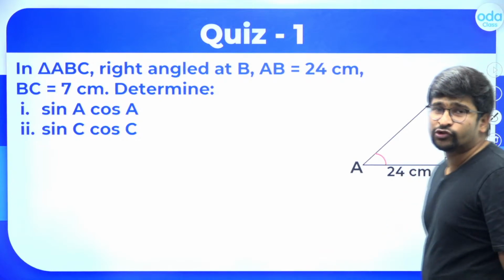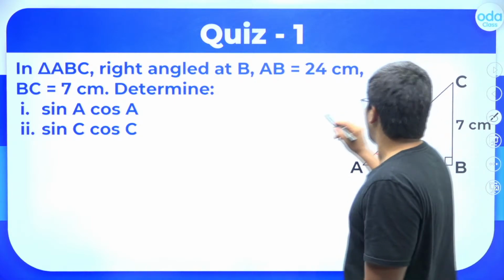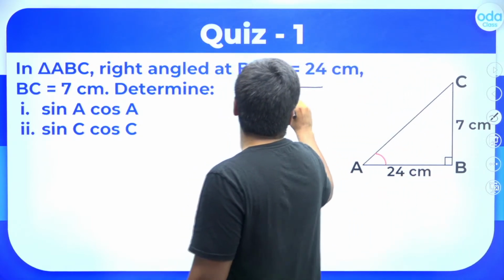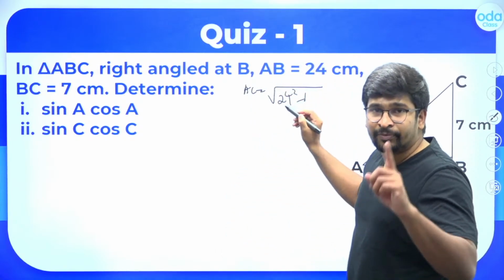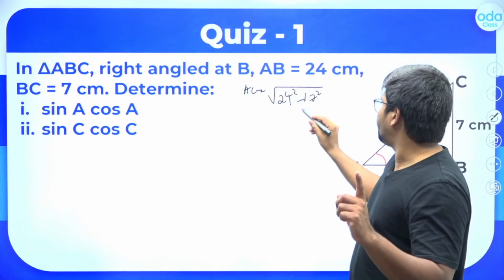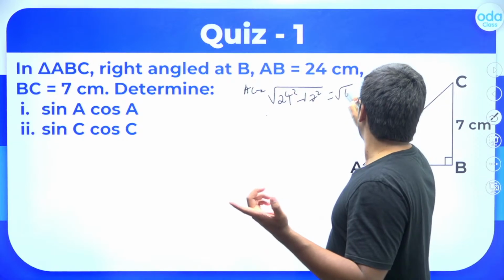24 square plus 7 square should be AC square. So AC will be root of 24 square plus 7 square. Correct? That is root of 576 plus 49, which is root of 625.